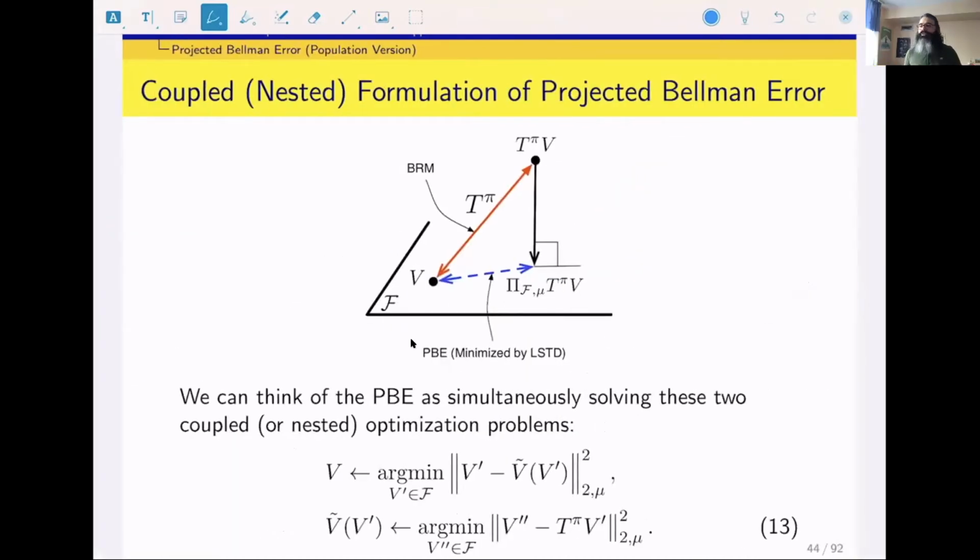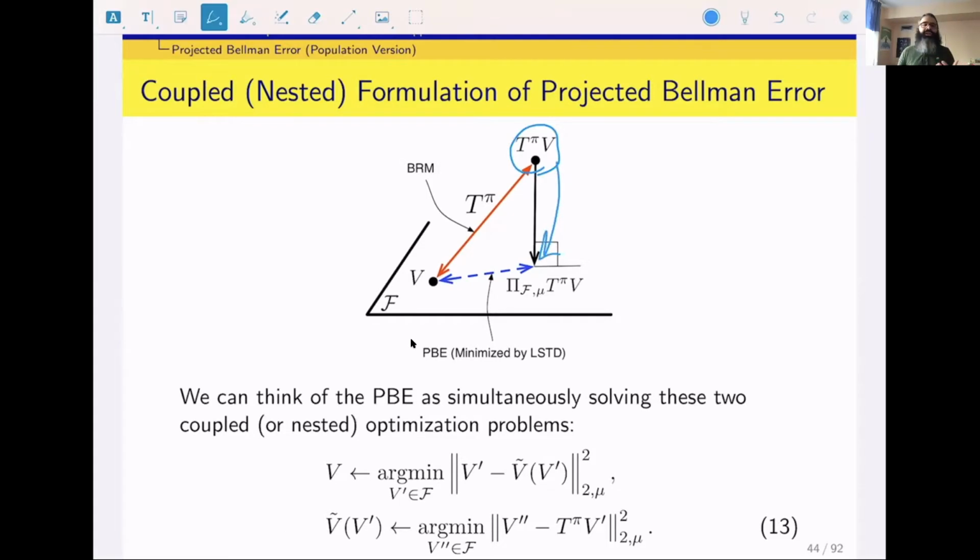So there is another formulation of this projected Bellman error, which we can think of as some coupled or nested optimization problem. So instead of one optimization problem, we formulate it as two optimization problems. What are those optimization problems? One is, given T pi v, it computes a projection point.